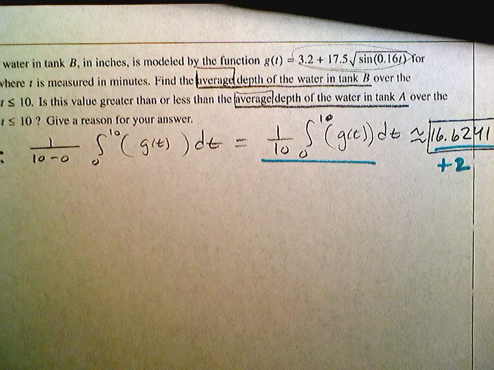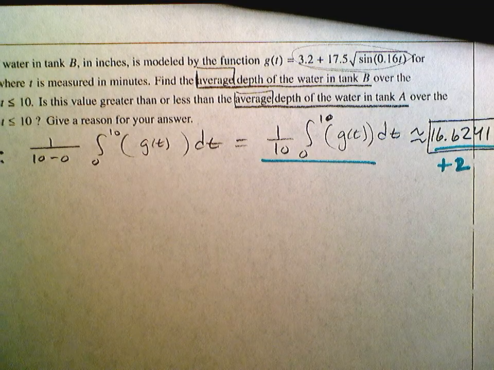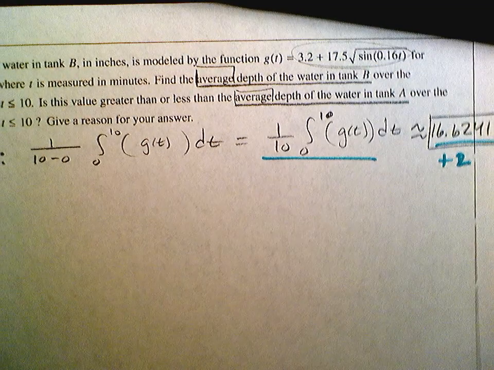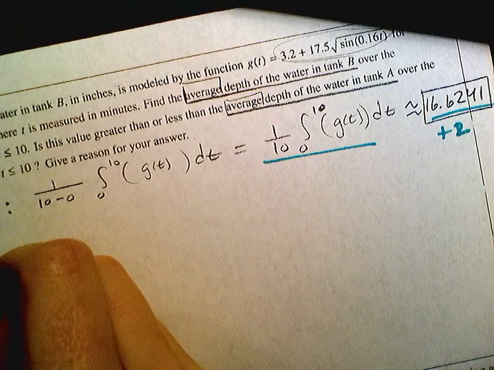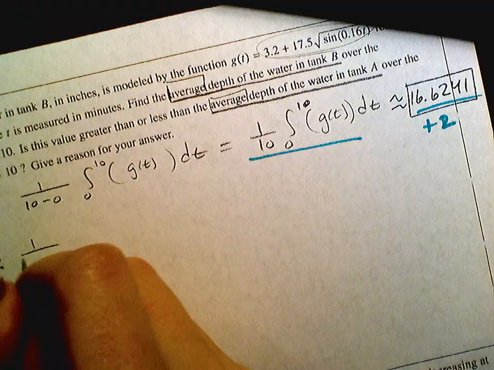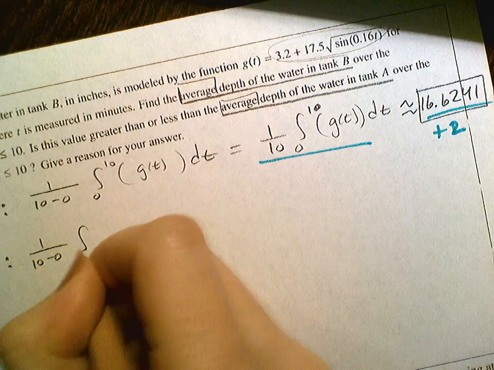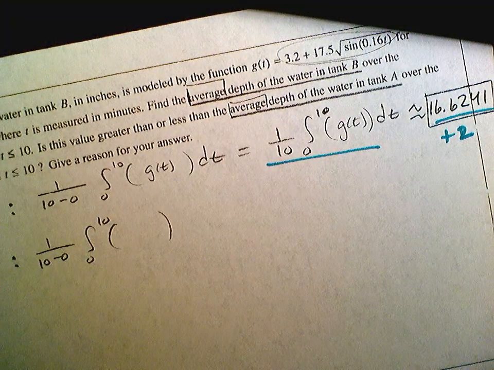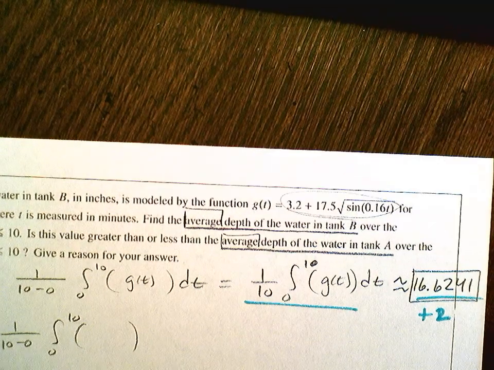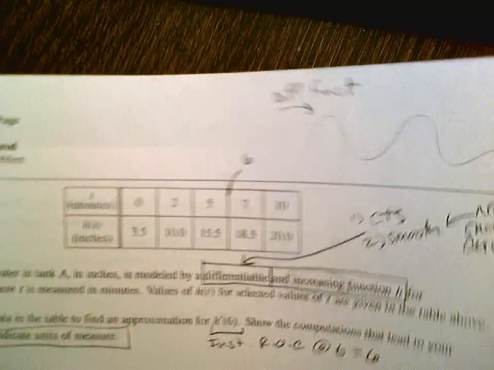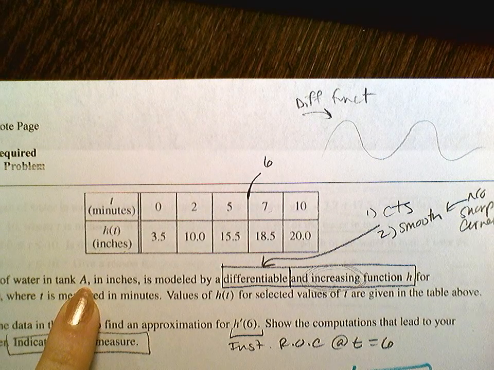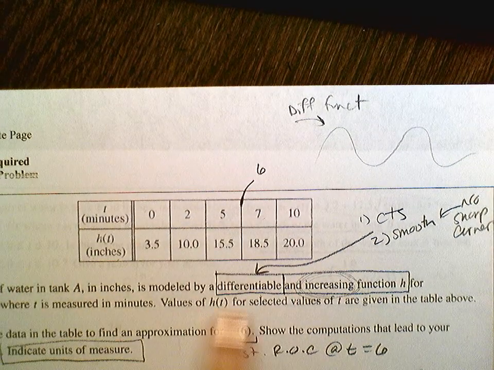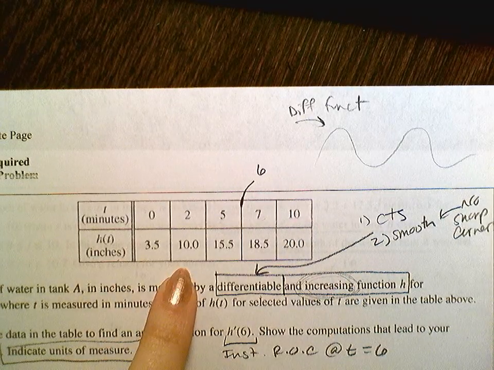Then they're asking us to compare this average depth with the average depth in tank A over the same interval. So again, 1 over 10 minus 0 times the integral from 0 to 10. For tank A, all we had to model that depth was this table.